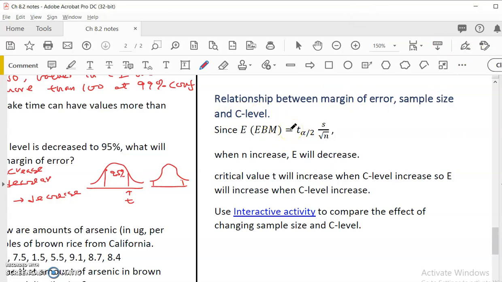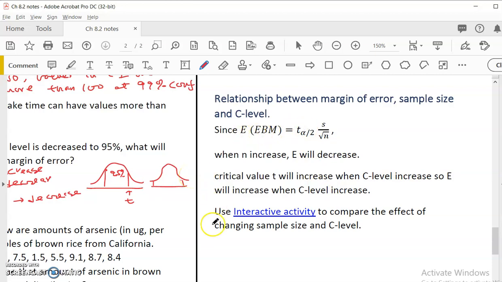Because E is t alpha over 2 times s over square root n, if n increases, E will decrease, right? You divide by a larger number, so E will decrease. That means the interval will be shorter. Critical value t will increase when confidence level increases. So E will increase when confidence level increases. So if you use 99, then your error will increase.